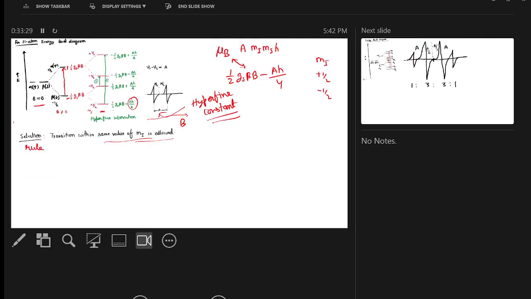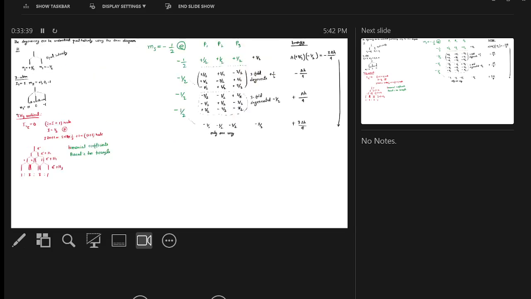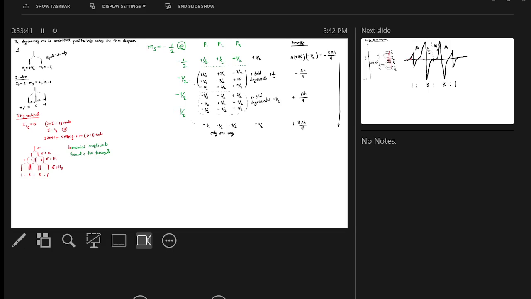So how many peaks we will get from some radical, how many signals we will get from some molecule, those things we can understand with the help of this tree diagram. So what is this tree diagram? Let's try to understand.